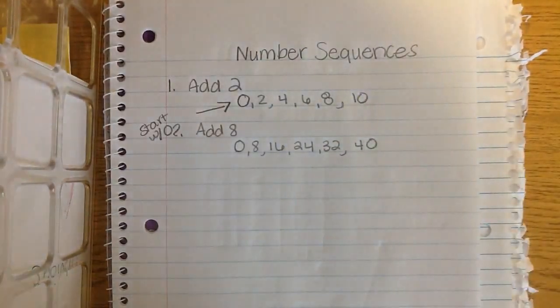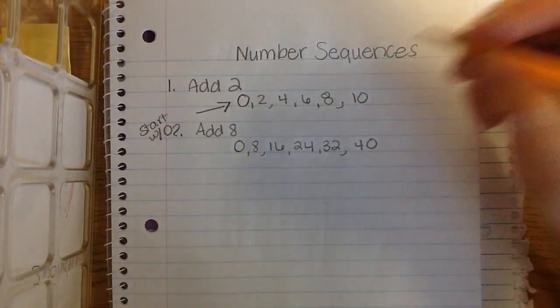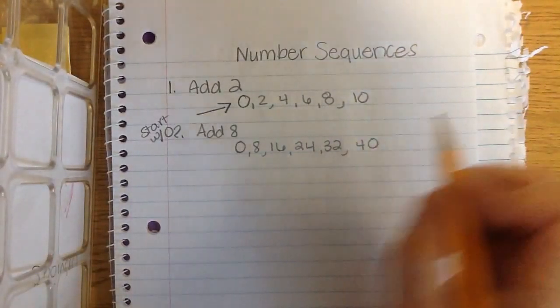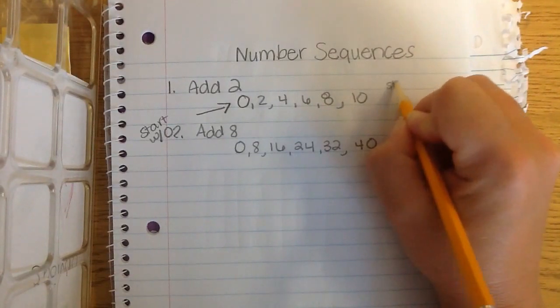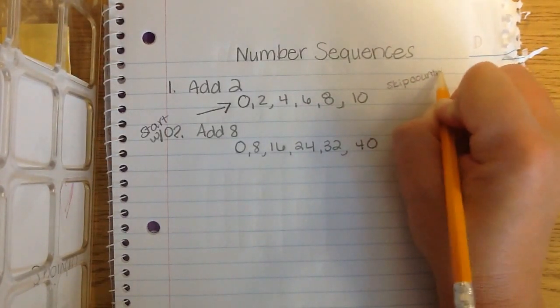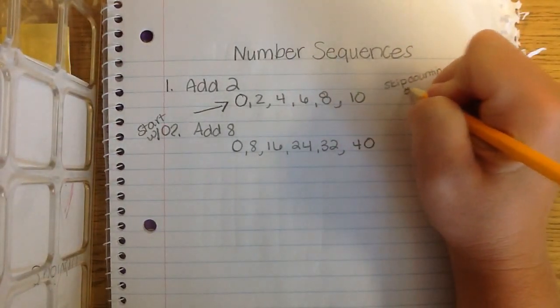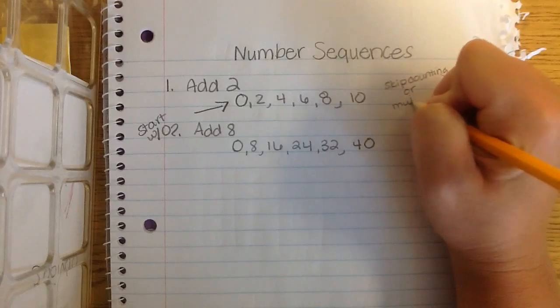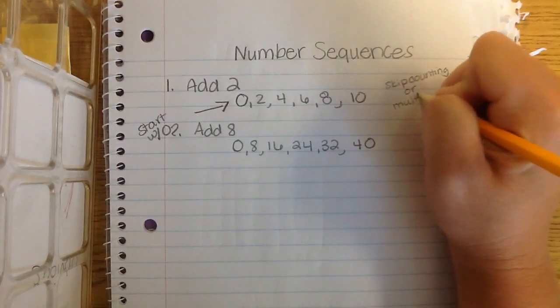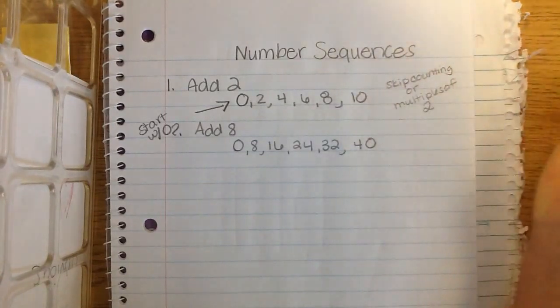So now describe the patterns in each one. So this is just very similar to what we did yesterday. So my patterns could be skip counting, or the more mathematical way for me to say that would be multiplying, or multiples of 2.